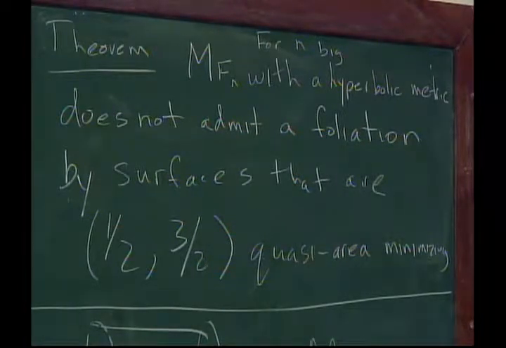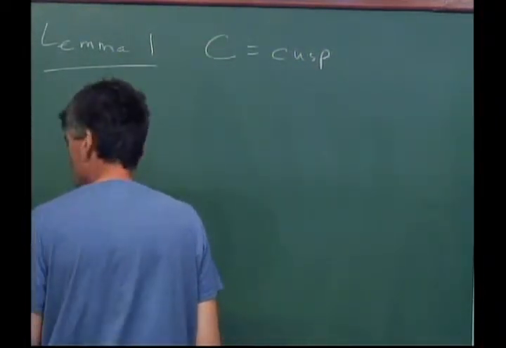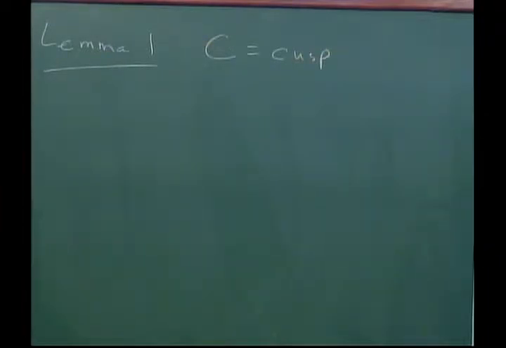So there are two simple lemmas that imply this theorem. Let me state them. Lemma 1. We'll be working in a cusp, hyperbolic 3-space modulo a parabolic, and we'll parameterize these tori in the cusps to have this condition.